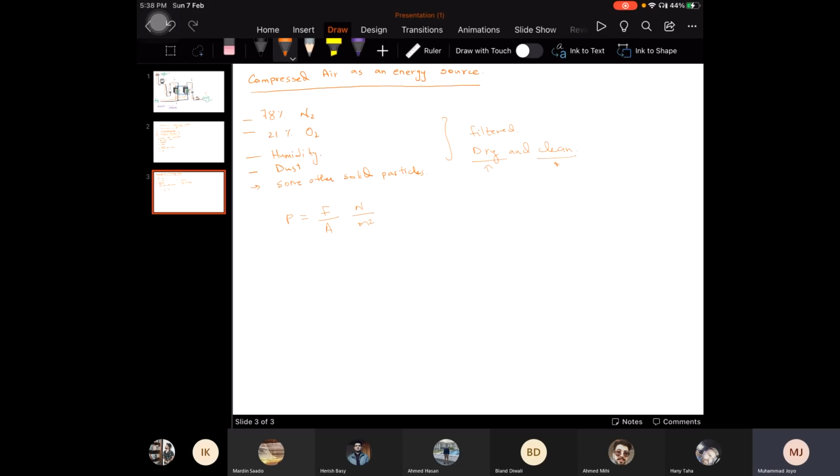Overall this is equal to pascals, and this is the unit of pressure. So basically, 1 pascal is equal to 1 Newton per meter square.